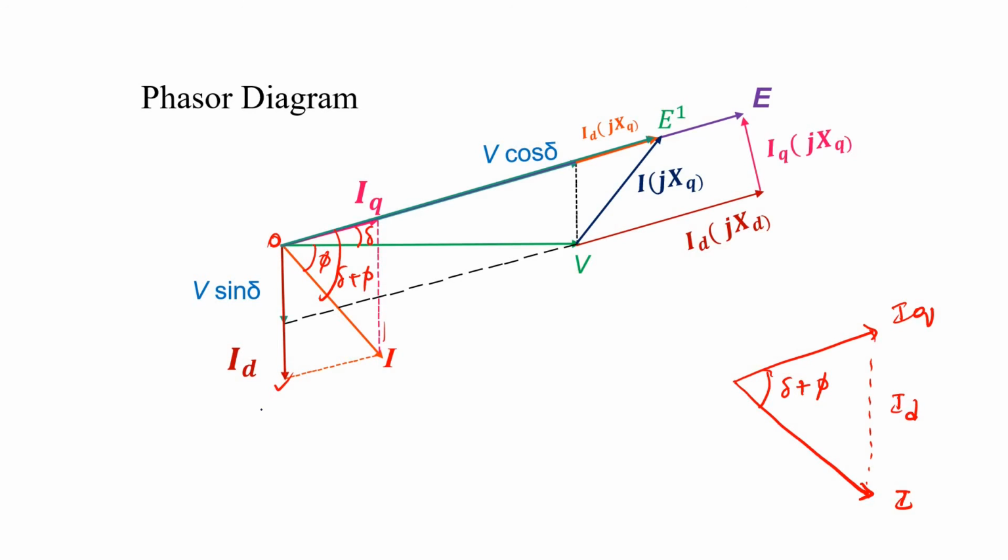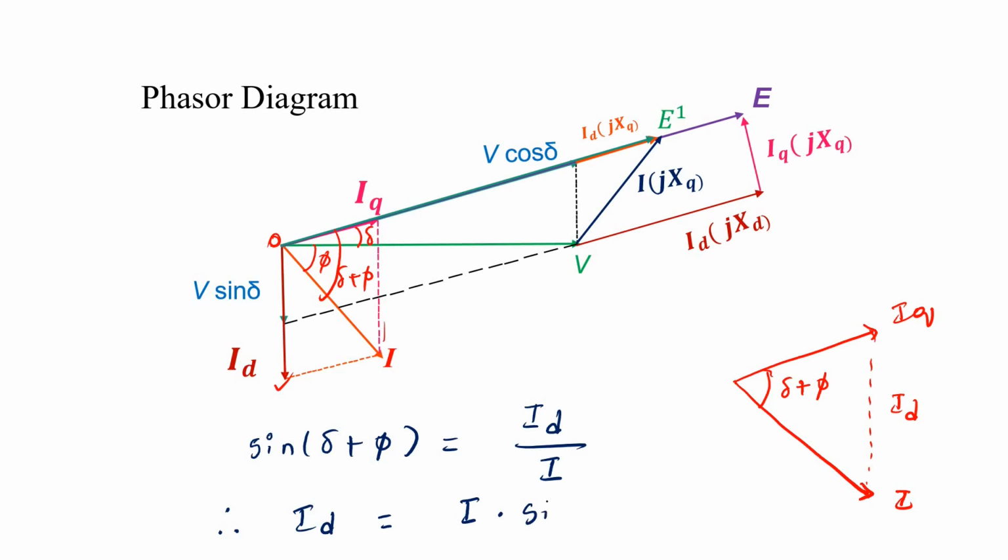From this triangle we can write sin(del plus phi) is equal to ID by I. Therefore, the direct axis current ID is equal to I into sin(del plus phi). This is another important equation that we need to remember, that is, direct axis current is equal to equivalent current into sin(del plus phi).